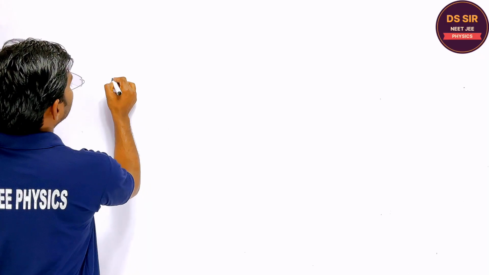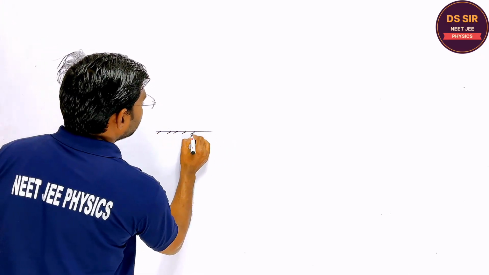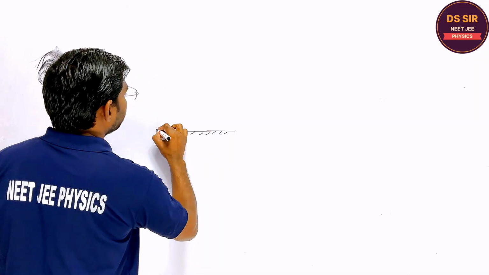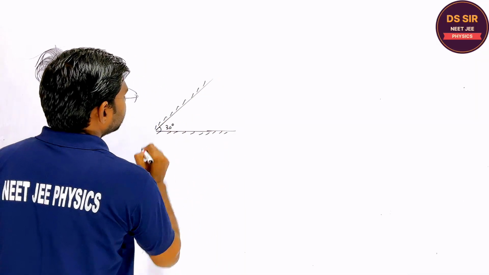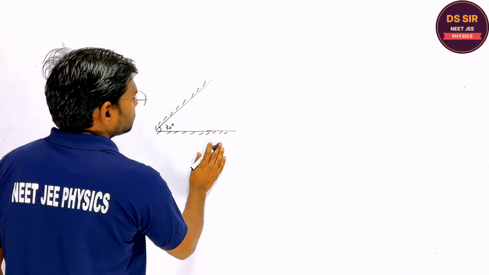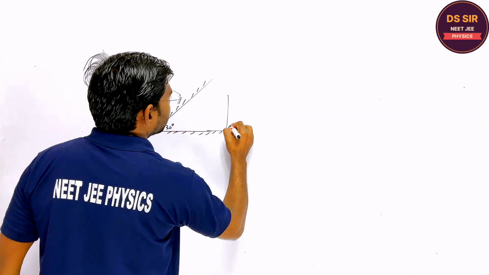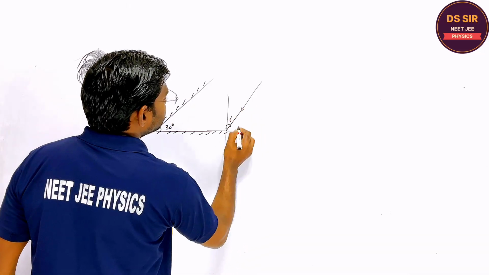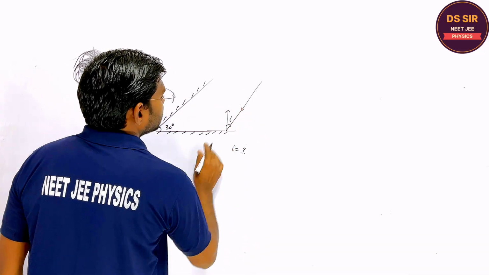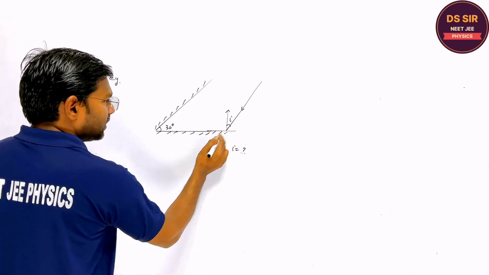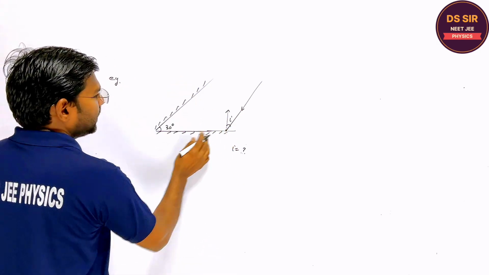Let's do another question on the plane mirror. Suppose this is the mirror. The combination of two mirrors is there, and the angle between them is 30 degrees, suppose. And you have to find this angle of incidence, like this, such that after reflection the light ray retraces its path.